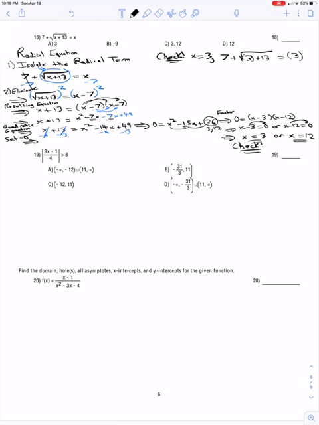Well, that's 7 plus the square root of 16 equal to 3, which is 7 plus 4 equal to 3, which is 11 equal to 3. Well, it doesn't check. So that means this is an extraneous solution, assuming our work is correct. So x equals 3 is not a solution.